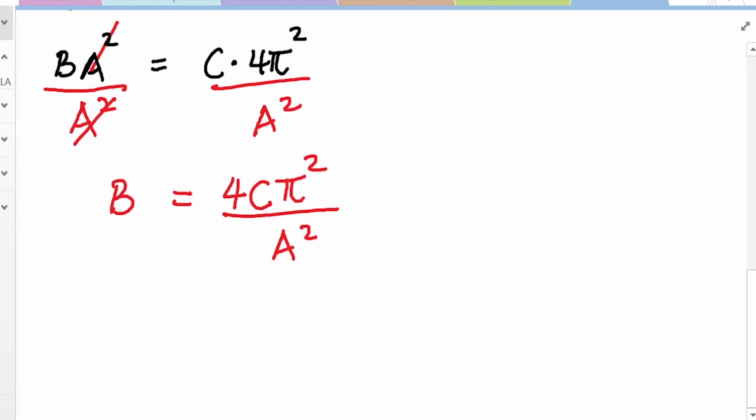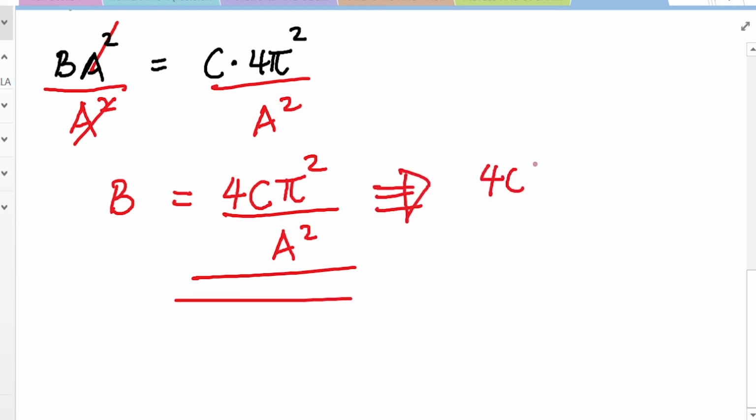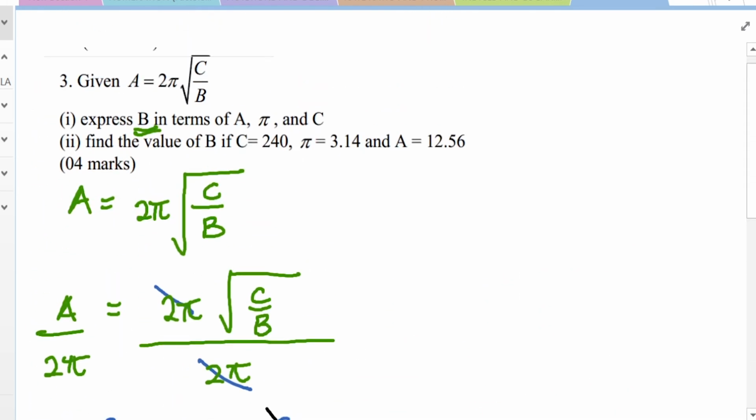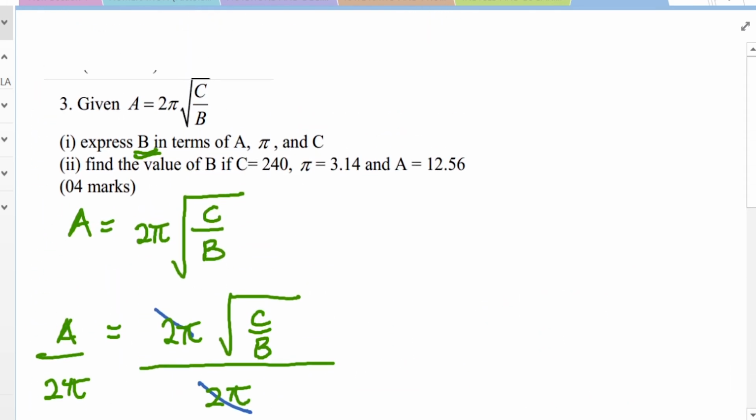And that's an answer. We can stop there, or you can go ahead and modify it and say it is 4c times pi over a, all squared. Either way, it's still correct. So we've answered part Roman 1 of the question.